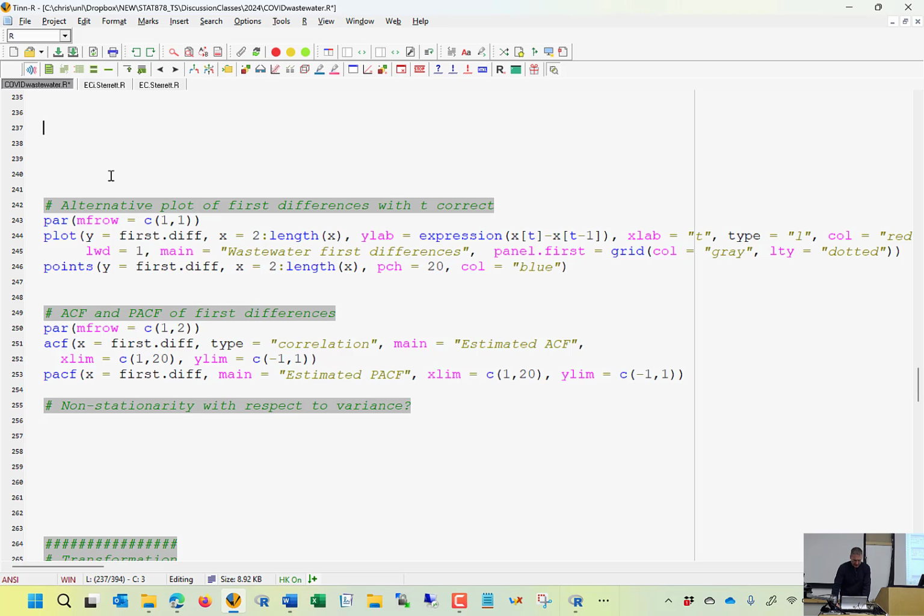Let me actually come up here. So, one way to handle non-stationarity with respect to the variance is using some kind of transformation. And probably the most common one is simply a natural log. Natural log sometimes has magical powers to handle this kind of stuff.